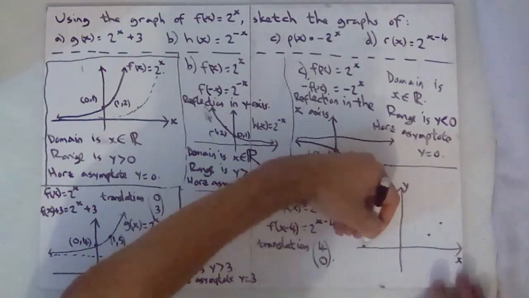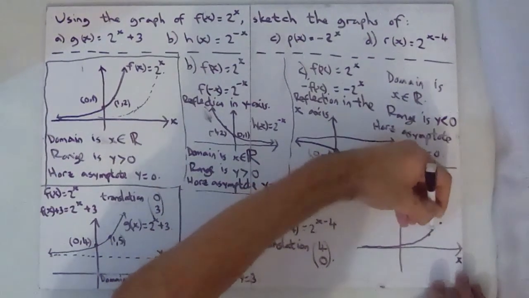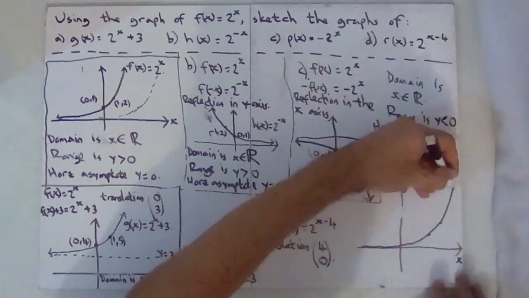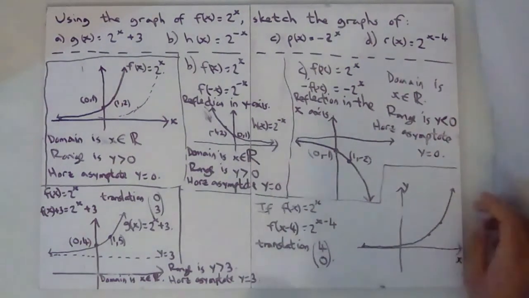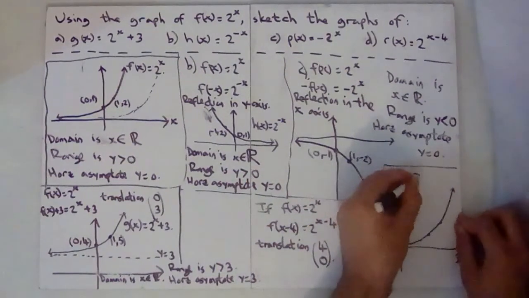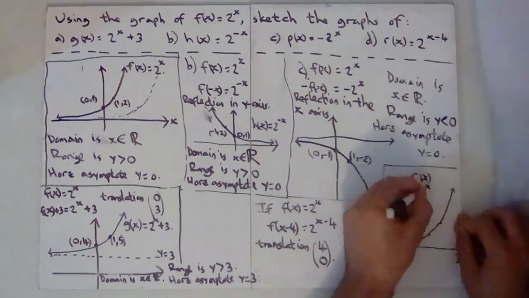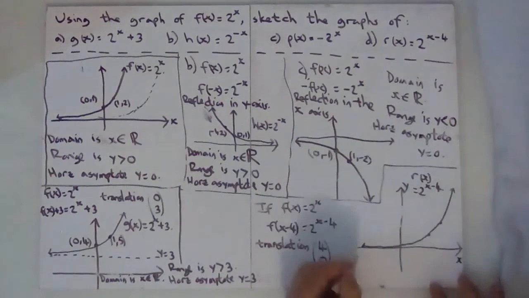Okay, something like that. And this is r(x) equals 2 to the x minus 4. And then all we need now is domain, range and a horizontal asymptote.